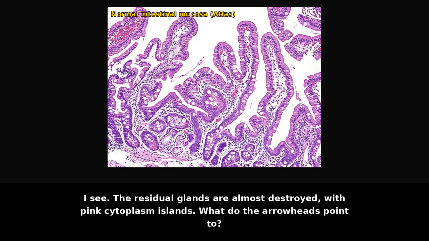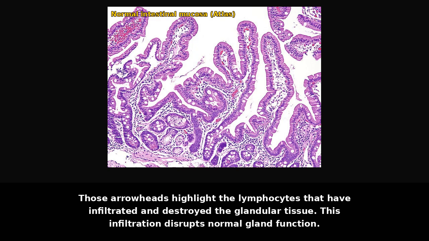The residual glands are almost destroyed with pink cytoplasm islands. What do the arrowheads point to? Those arrowheads highlight the lymphocytes that have infiltrated and destroyed the glandular tissue. And this infiltration disrupts normal gland function.